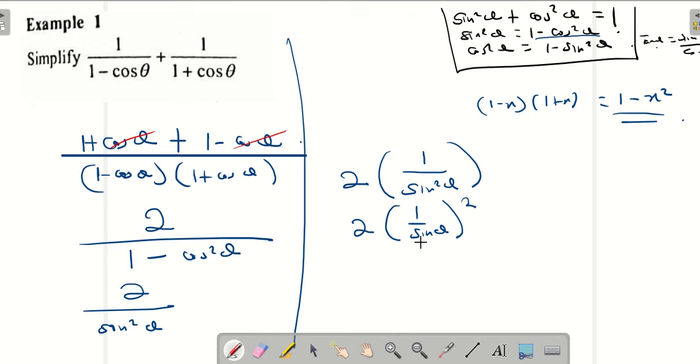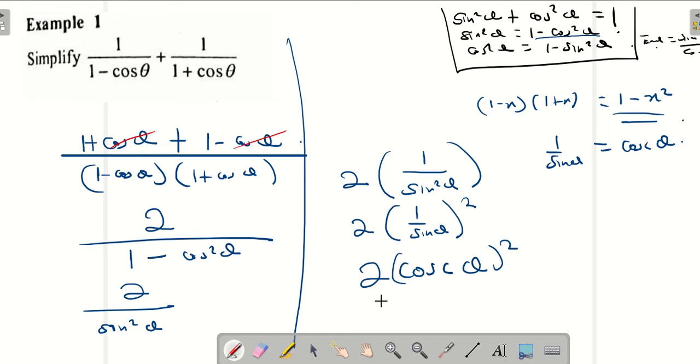Now remember that 1 over sine theta is just the reciprocal of sine, and the reciprocal for sine is cosec theta. So it means that we can write this one as 2 cosec theta all squared.